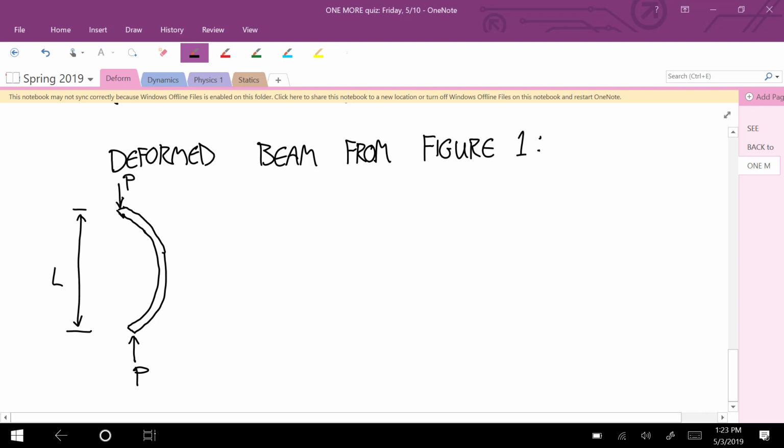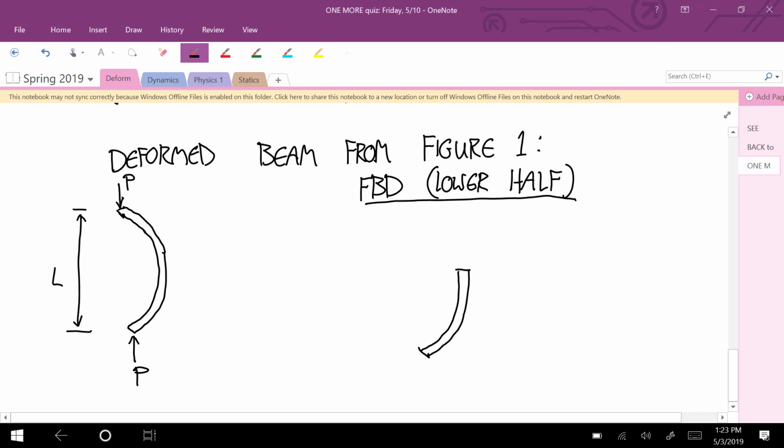Okay. And then let's draw a free body diagram of the lower half, and it looks like this. So there's the P down there. The total length this way is L over 2.